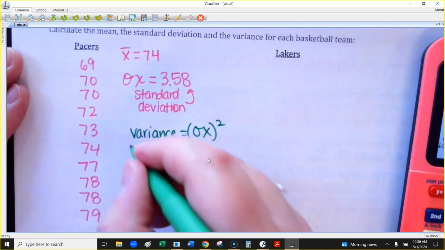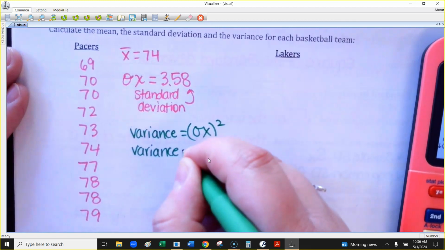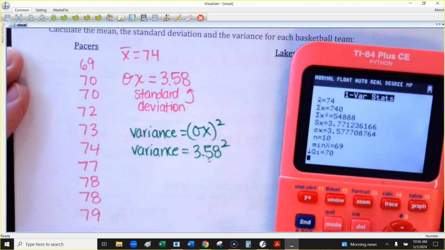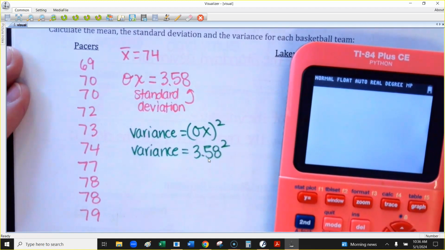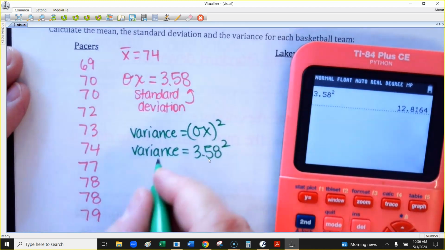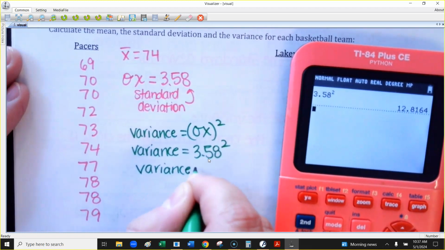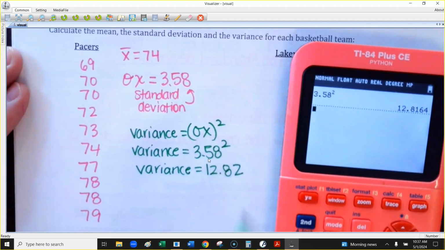So if I need the variance here, you can grab that from that calculator screen. Should just be that 3.58 squared. So variance here, if they ask you for that, is about 12.82. I'm just going to go 2 decimal places on these.